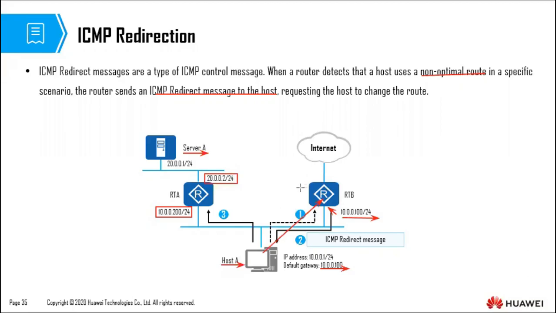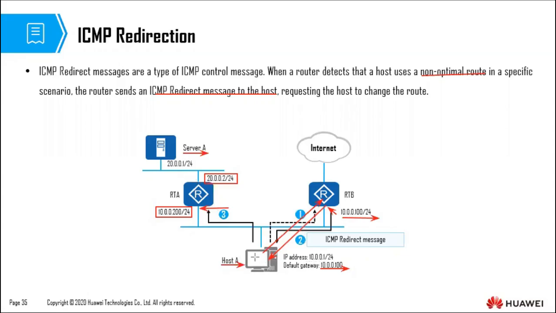It's not outside, it's within our local network. So we don't have to send that packet out and then have it come back. We can't do that. So, and that is step 2 here, this router will send a message back to the host, telling it, hey, if you want to go to the 20 network, don't use me as the gateway, use this one, use RTA.